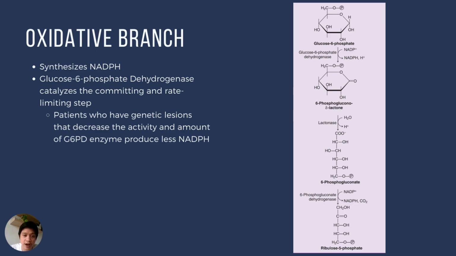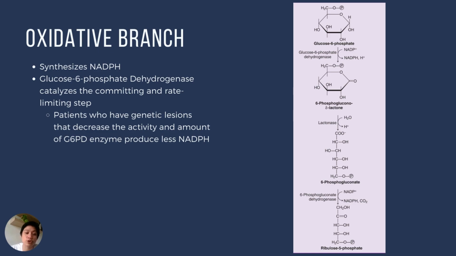Now, 6-phosphogluconate is further oxidized, again with a concomitant reduction of NADP to form reduced NADP. But at the same time, because we have an unstable carboxyl group at one end of 6-phosphogluconate, that will be released as carbon dioxide. And the end product here would be a 5-carbon sugar plus carbon dioxide plus reduced NADP.